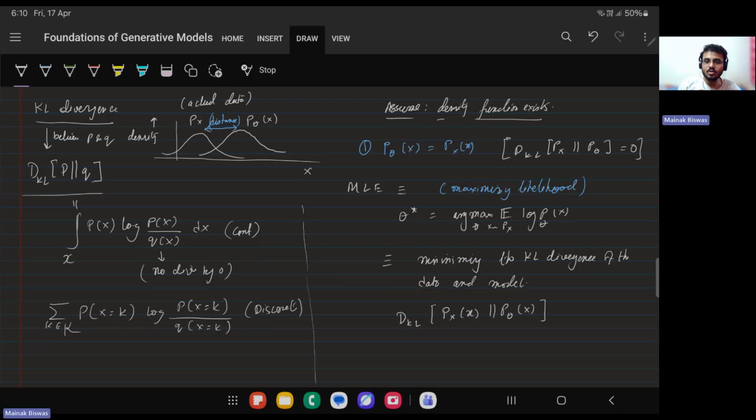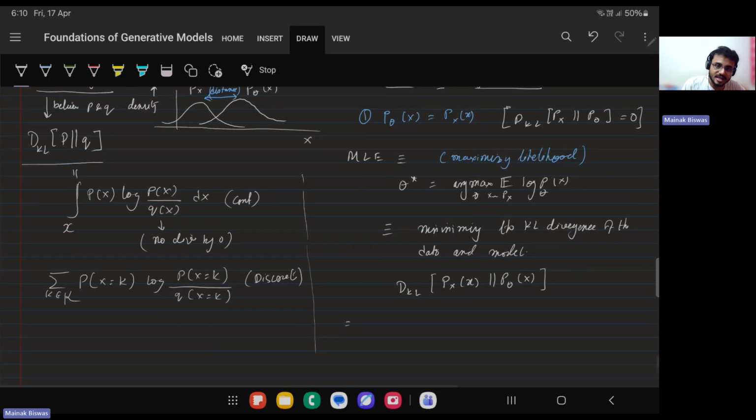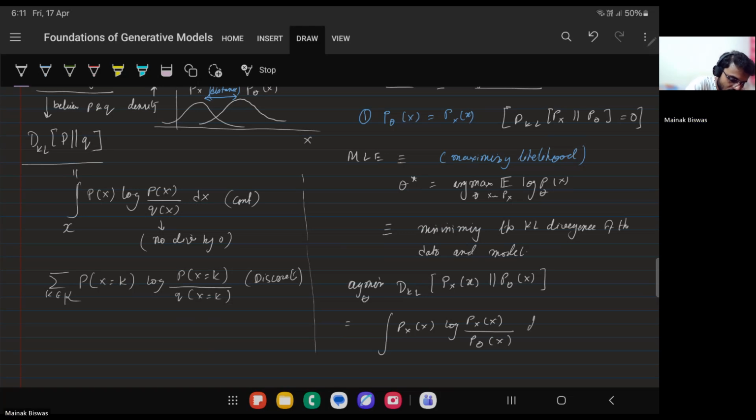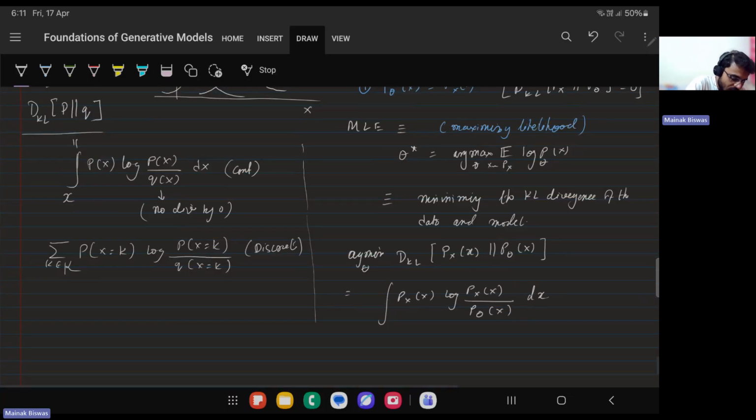We are trying to find the KL divergence between the data and the model that we have, and we'll show that it is equivalent to having the expectation over the data itself of the log likelihood. So I will write this as the integral of p(x) log p(x) by p_theta(x) dx, with arg min over theta.